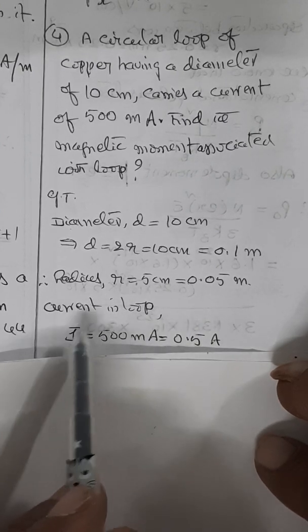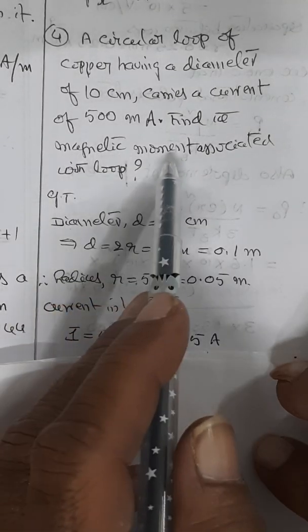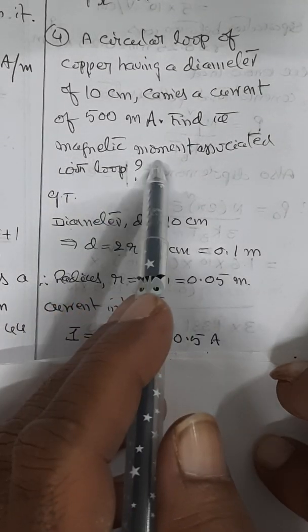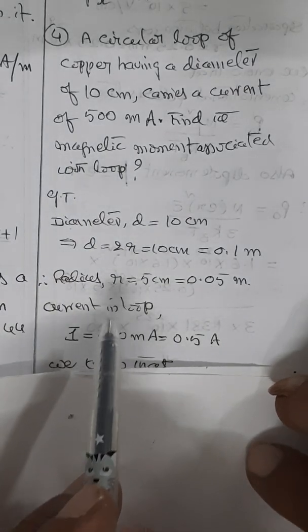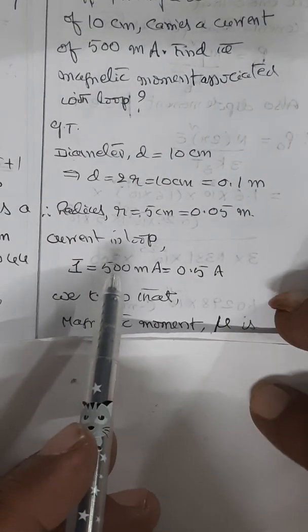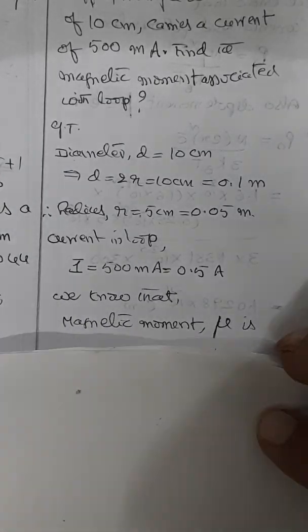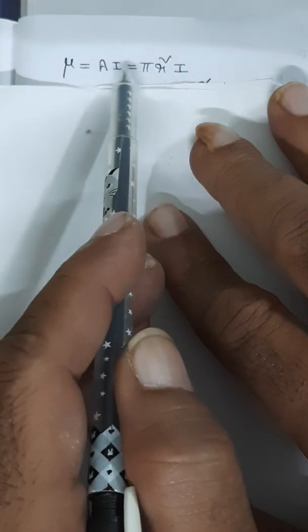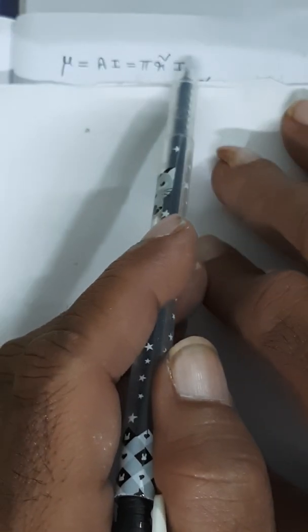So with current and radius, you have to calculate magnetic moment. Magnetic moment is represented as mu. Mu is equal to area into current, that is A into I. Being a circular loop, what is A? Pi r square.